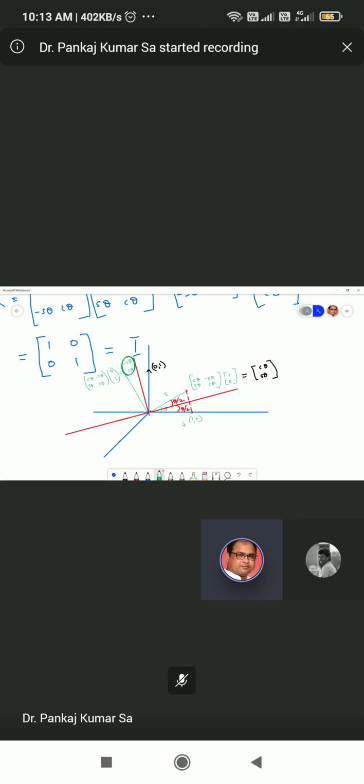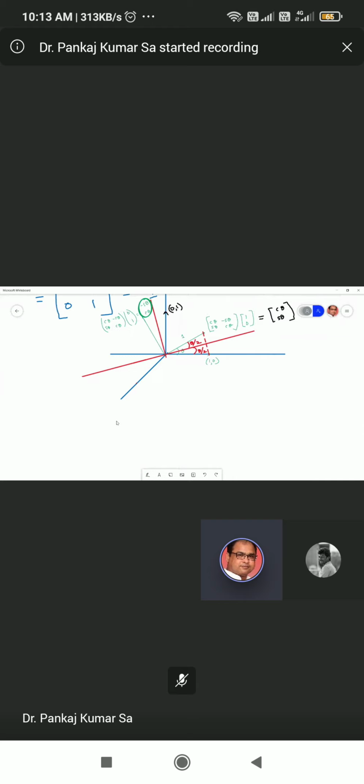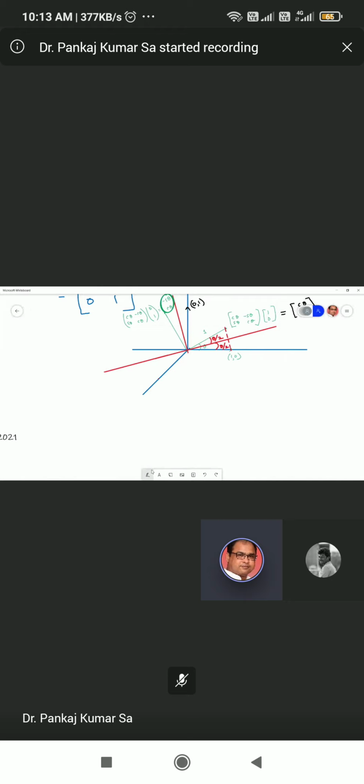Similar to this, there is also another matrix, and that is what we're going to see today. It is cos theta, sine theta, sine theta, minus cos theta.